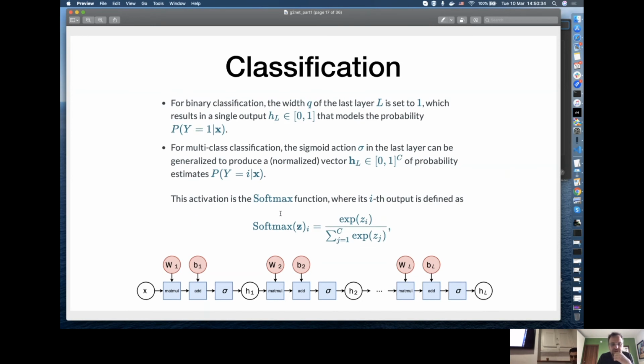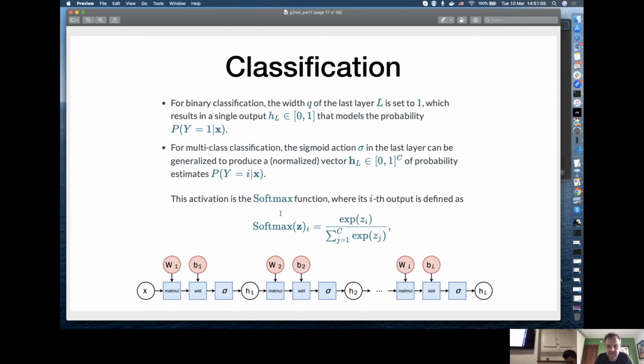So what does it mean to classify something? If you have, I don't know, in Cherenkov Telescope Array, protons and gamma events to classify. So what does it mean to classify? Well, you can induce the network to produce something resembling a probability.